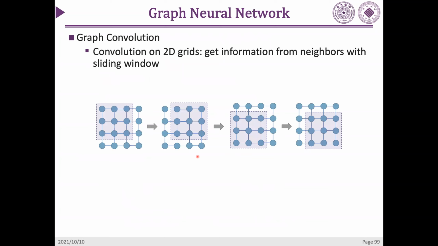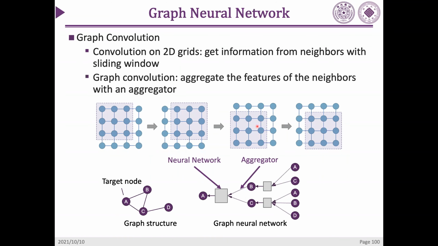Researchers propose graph convolution based on the 2D convolution. Actually, it's inspired by the 2D convolution. This figure shows how you do a convolution on the 2D grids.